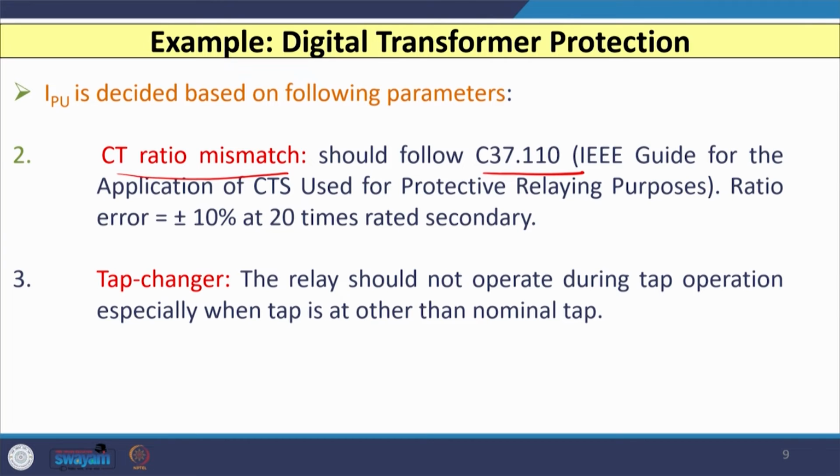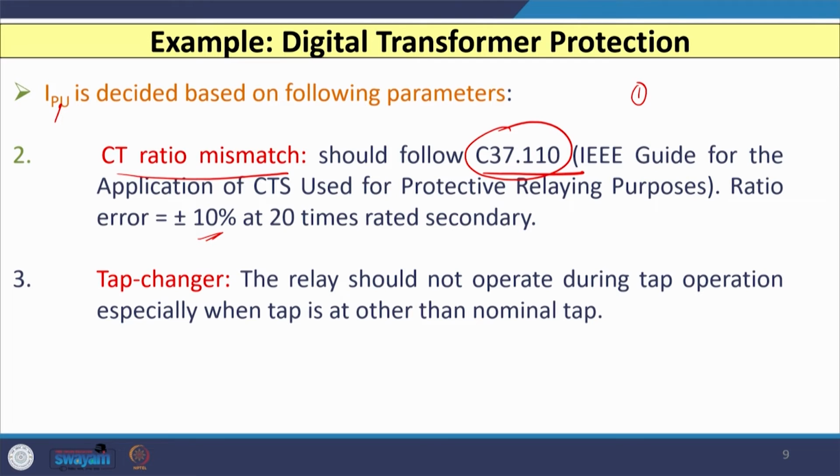In this guide it is clearly mentioned that the ratio error should be plus or minus 10% at 20 times the rated secondary current. So, if your secondary current is 1 ampere and your current is 20 times that, so 20 ampere, then the ratio error should not exceed plus or minus 10% as per this standard. Based on this also you need to consider the value of I per unit.